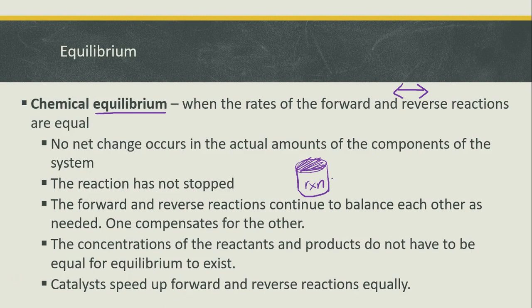The best way I know to explain it is if we go back to where we talked about water inside of a container. If we have a container with a lid on it, and we have liquid water inside of this, there'll be little gaseous particles forming up here in the air of the container. And if you go sit this in the sunshine, the amount of liquid water that's turning into gaseous water will increase.